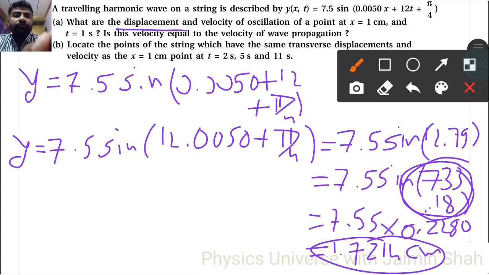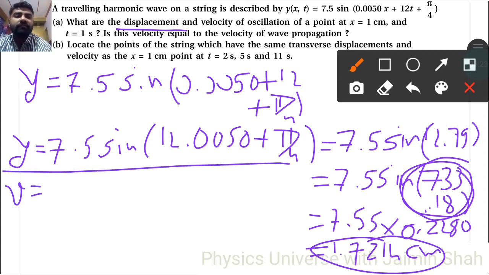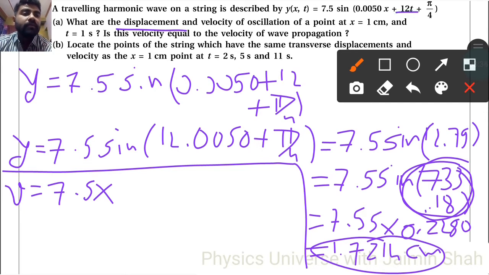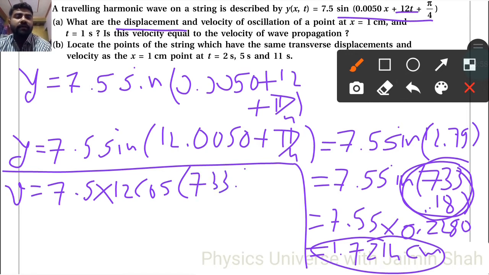Now velocity. To find velocity, we have to differentiate this equation of y. So 7.5 into omega, because differentiation is with respect to time, into 12, and then cos. I am writing this formula again with x = 1 and t = 1, so that is again 12.79, similar, and that is again 733.18.